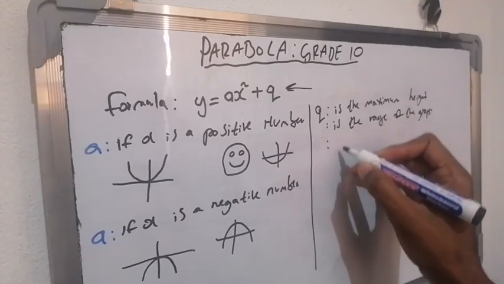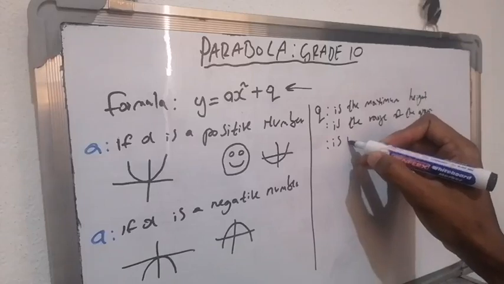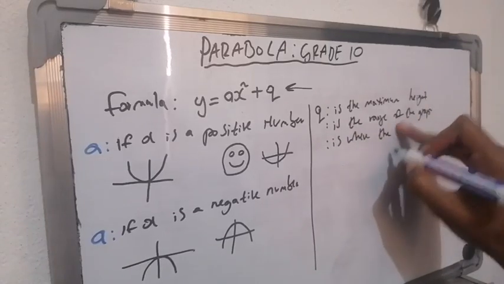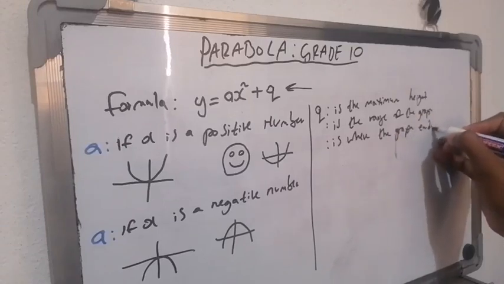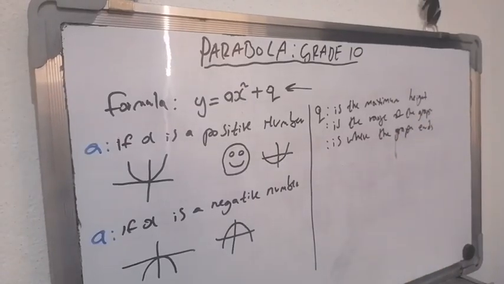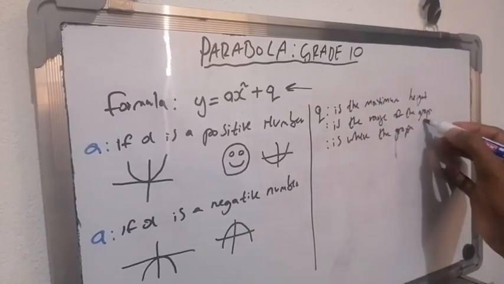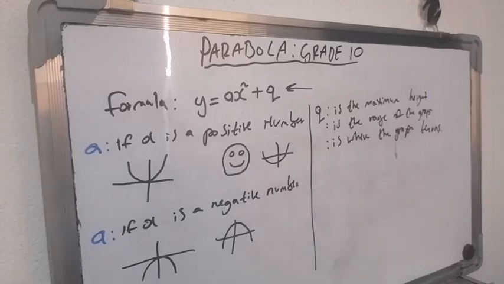Or someone can say q is where the graph ends, or rather, let me not say ends, where the graph tends. This is exactly where the graph tends.